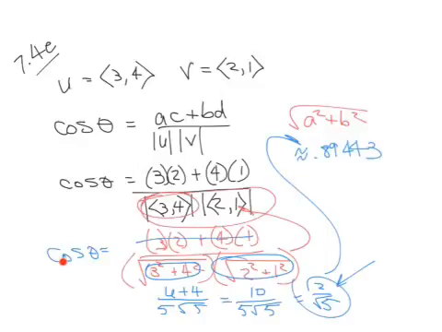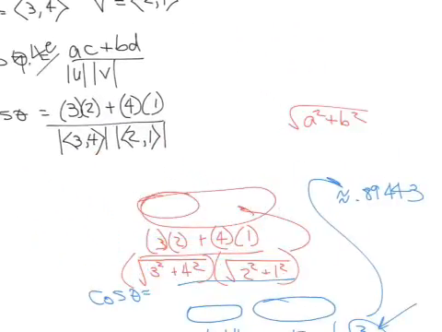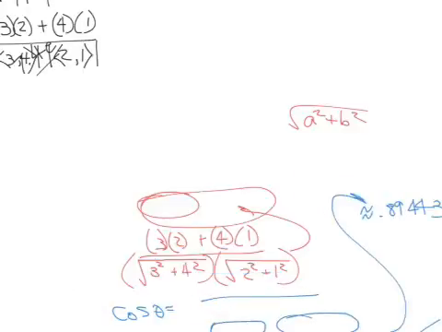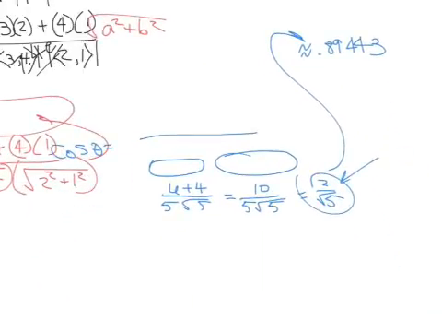So now, I don't have enough room here. Let's move some junk out of here. Okay, so I've got some room down here. Cosine inverse of 0.89443.